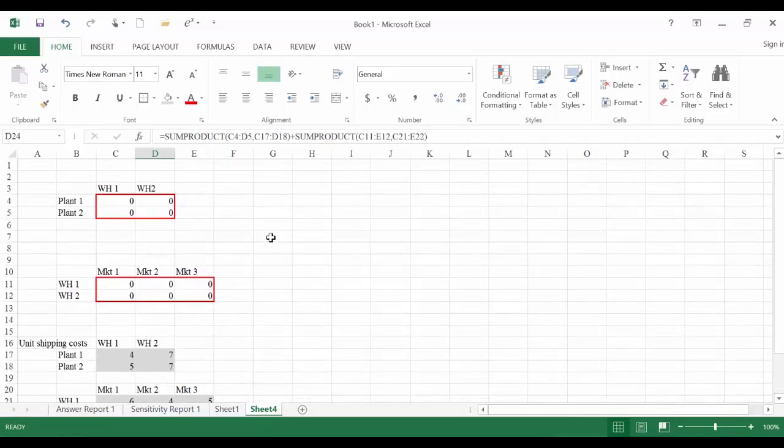And then the constraints. Just pay attention, for each plant the constraints are the same.